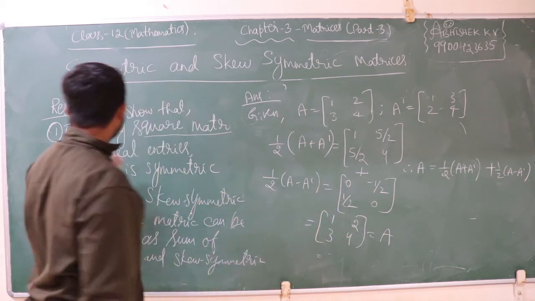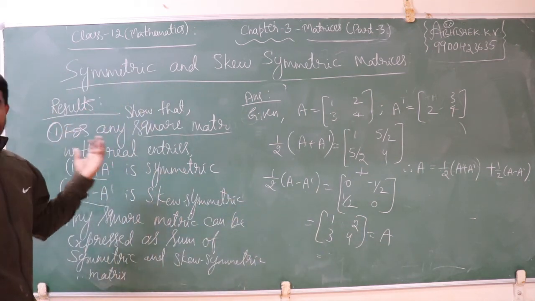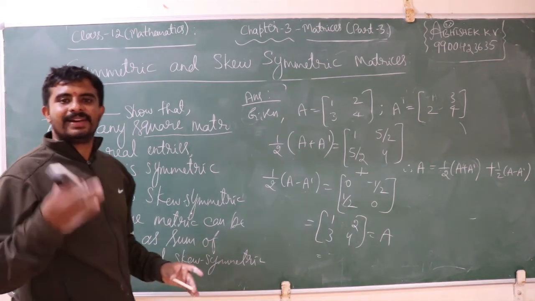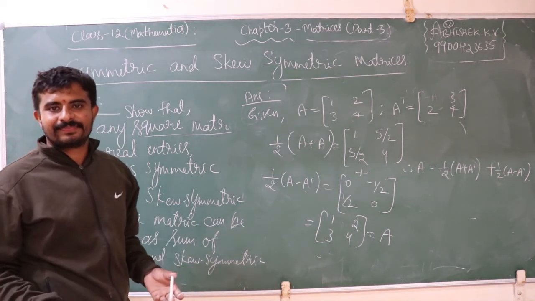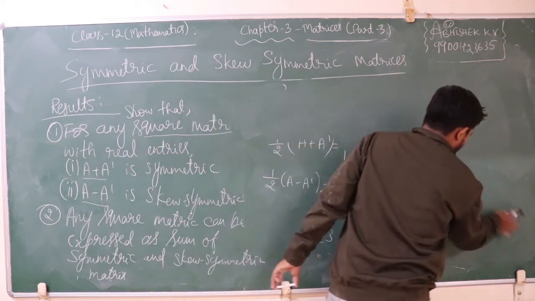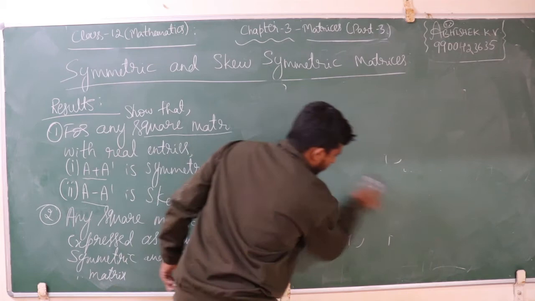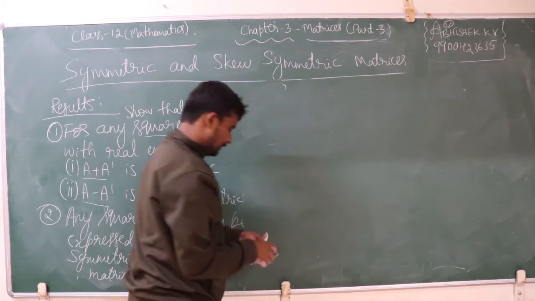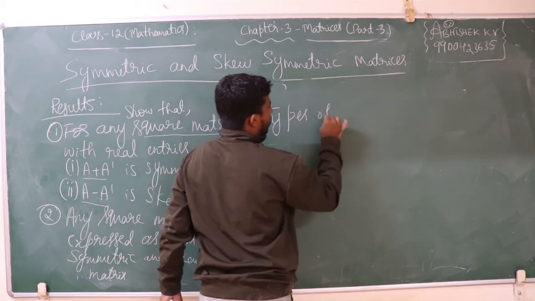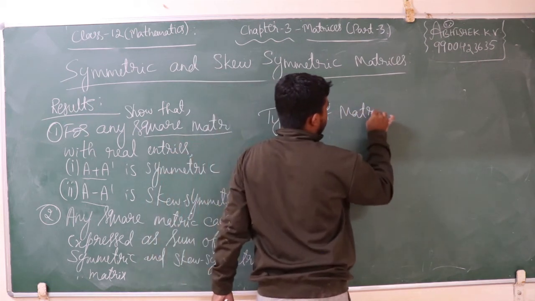So, this is about the results of symmetric and skew symmetric matrix, and this completes your third chapter, matrices. In this chapter, first we studied types of matrices.